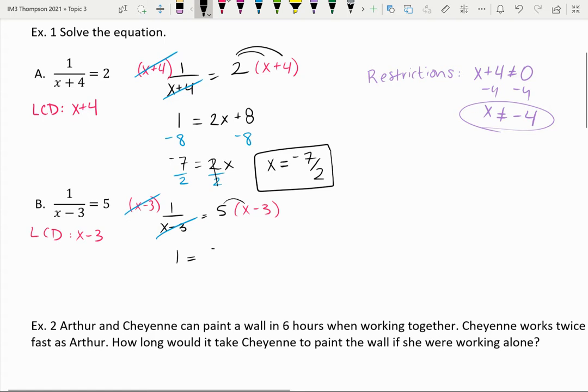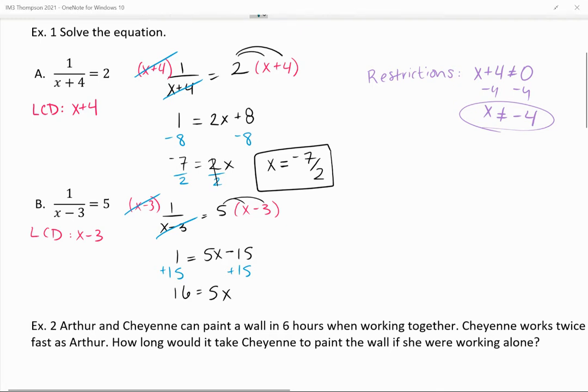So I get 1 is equal to 5x minus 15. Add 15 to both sides, and I get 16 is equal to 5x.